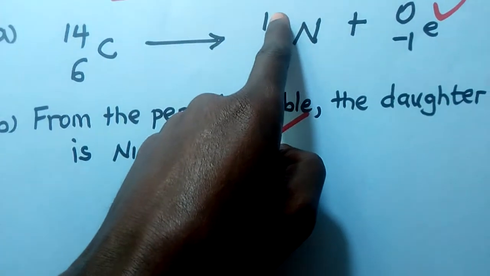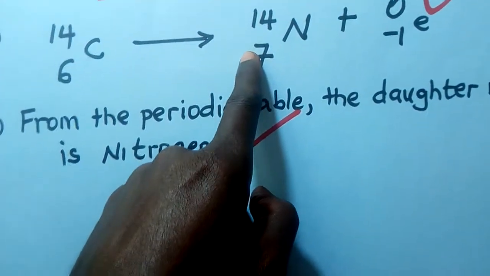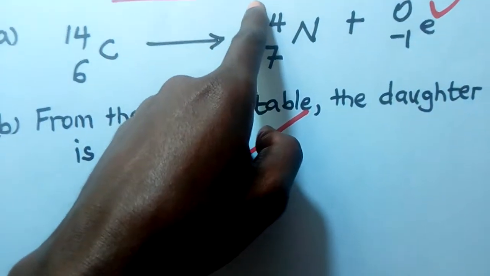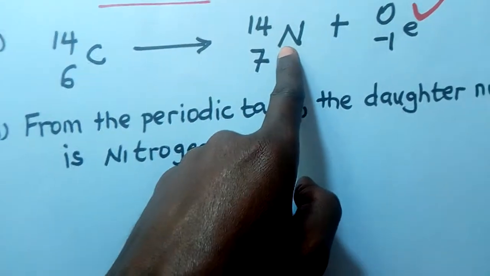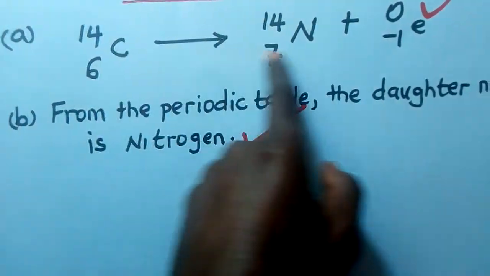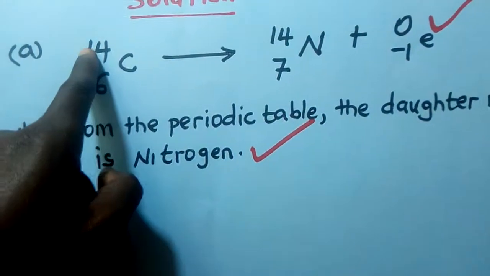But atomic number increases by 1. So if this is 6, this one becomes 6 plus 1, which is what? 7. So you would have here 14. Here it is 7. Then you call this one Y. You can even call it W. You see? So this is the balanced equation, because when you add 0 plus 14, you get 14.